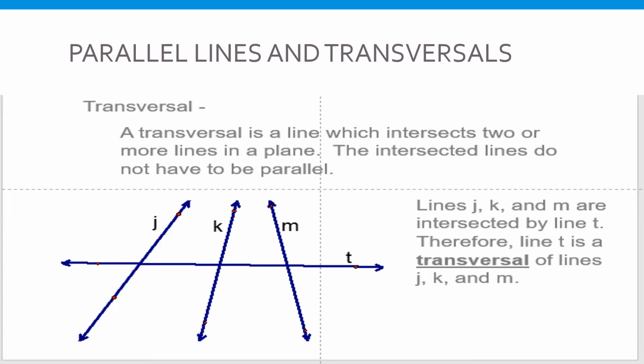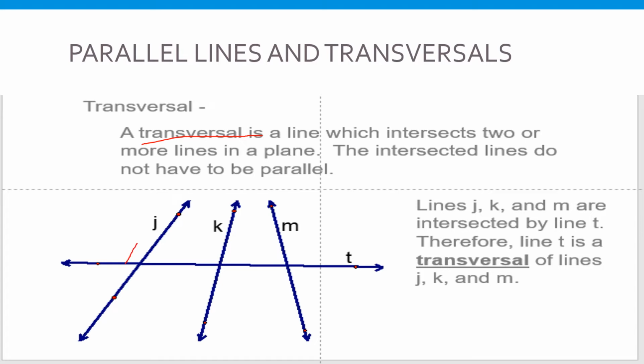Transversal. So, a transversal is a line which intersects two or more lines in a plane. The intersected lines do not have to be parallel. Okay, so here, this is our transversal.